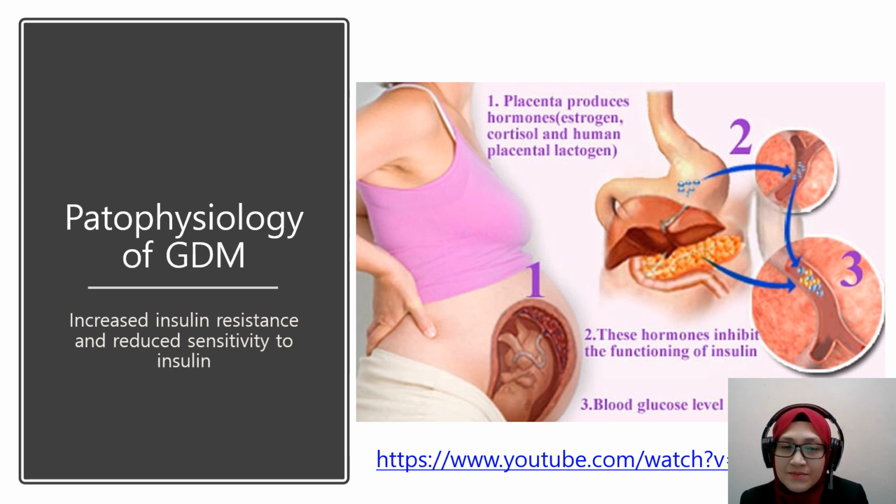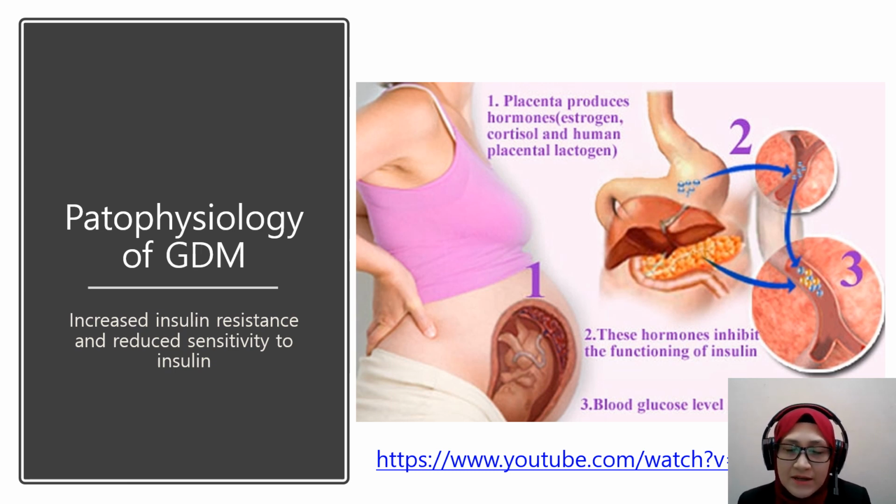These hormones induce insulin resistance in the patient. Because of this insulin resistance, it might also impair the beta cell function. So the chronic insulin resistance will eventually cause hyperglycemia, and then consequently the patient is diagnosed to have gestational diabetes.